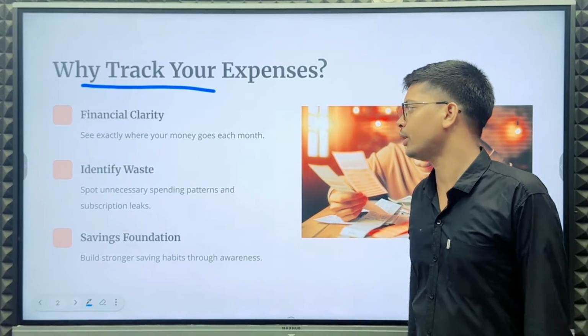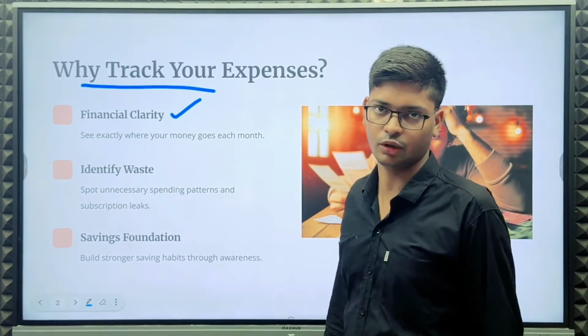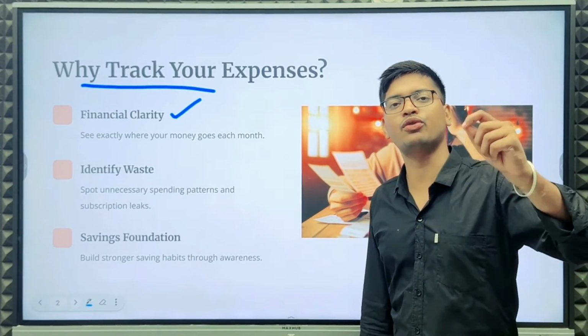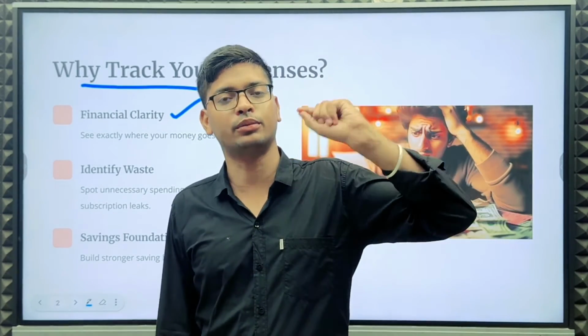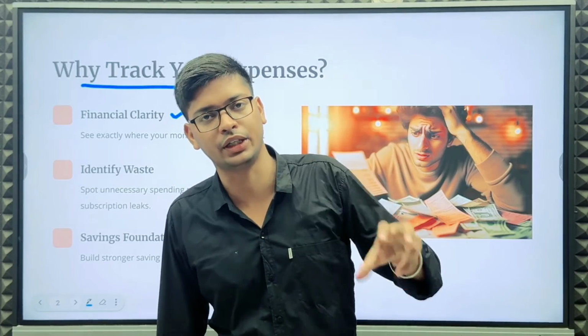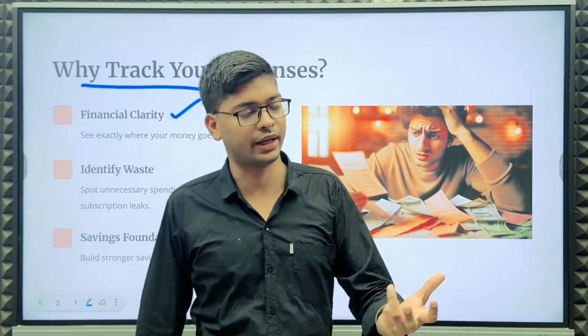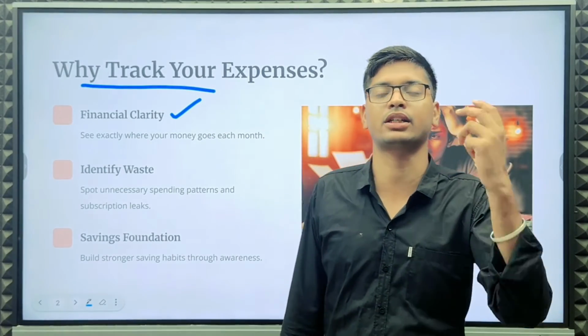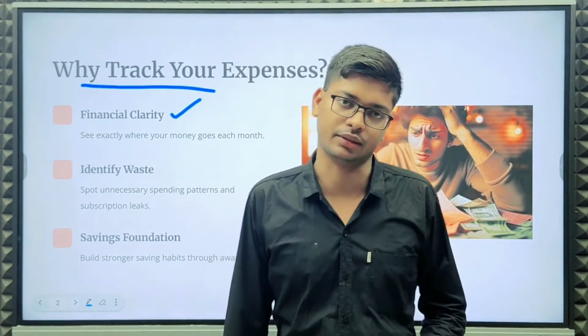Okay, so first of all, you need finance clarity: how much debt and how much money you have, how much money you spend, what is your next year plan, and what is your next 5 years plan.